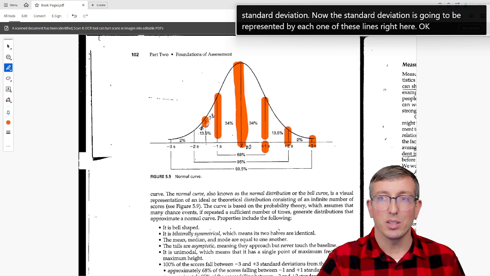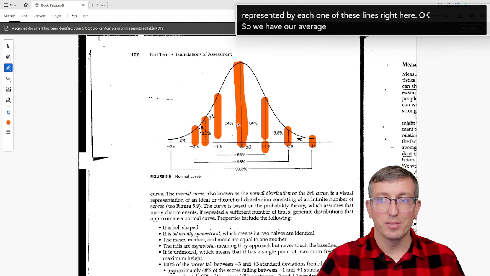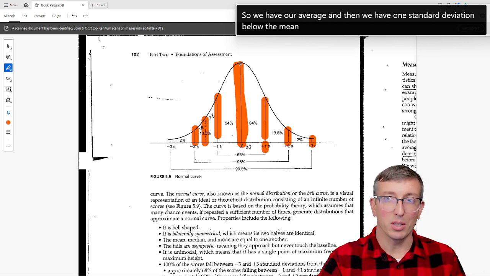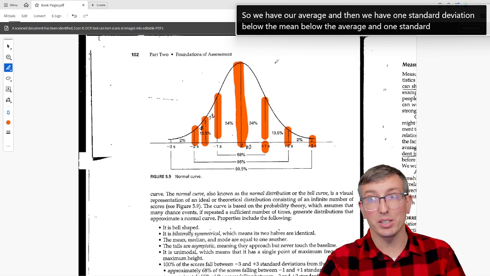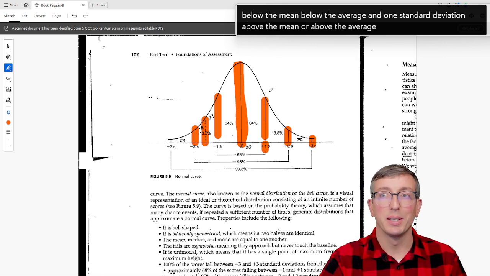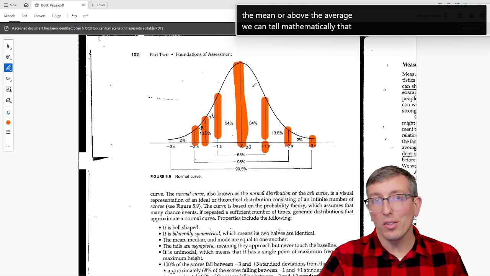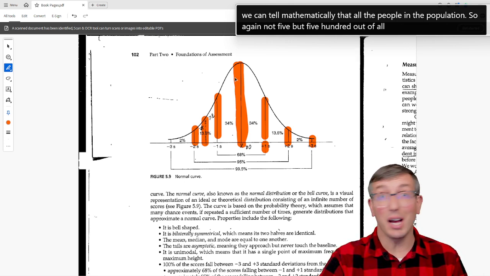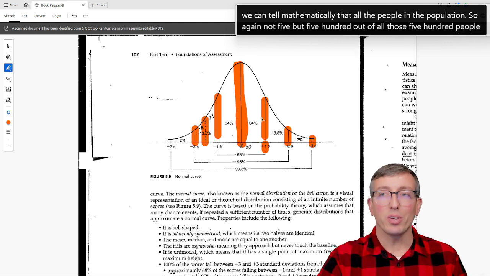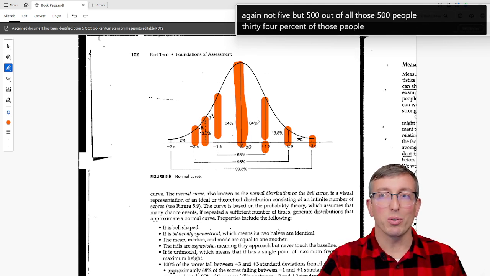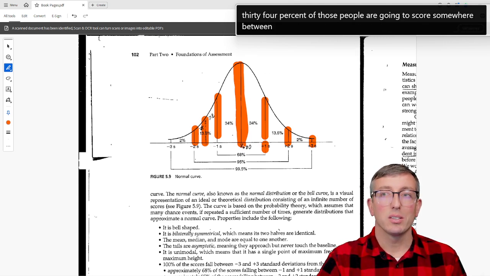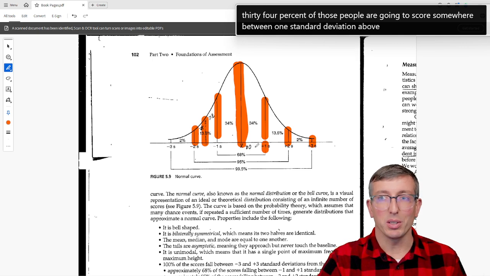So we have our average, and then we have one standard deviation below the mean and one standard deviation above the mean. We can tell mathematically that out of all the people in the population, so again not 5 but 500, 34% of those people are going to score somewhere between the mean and one standard deviation above, and 34% between the mean and one standard deviation below.